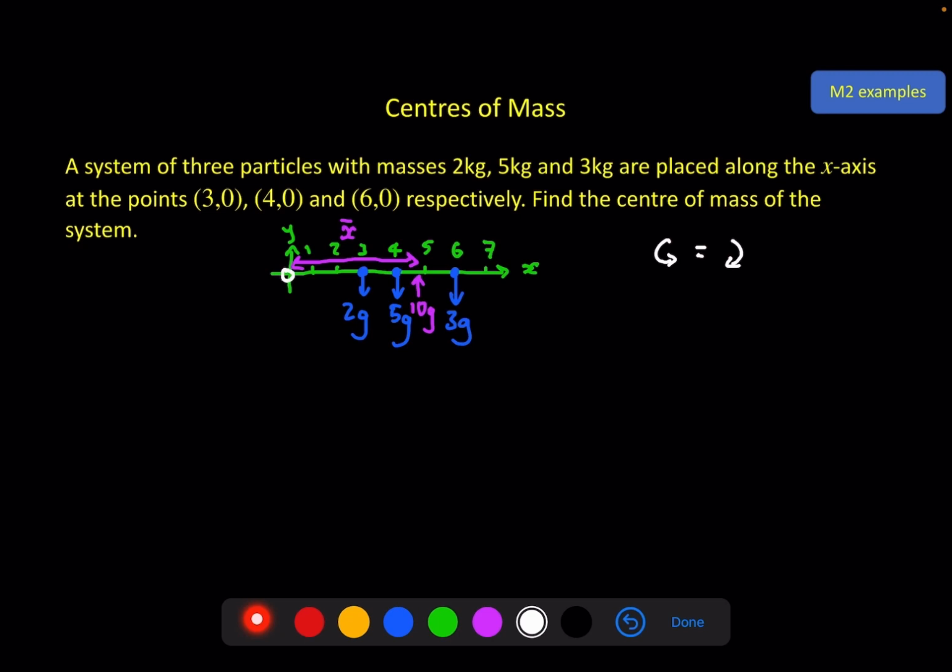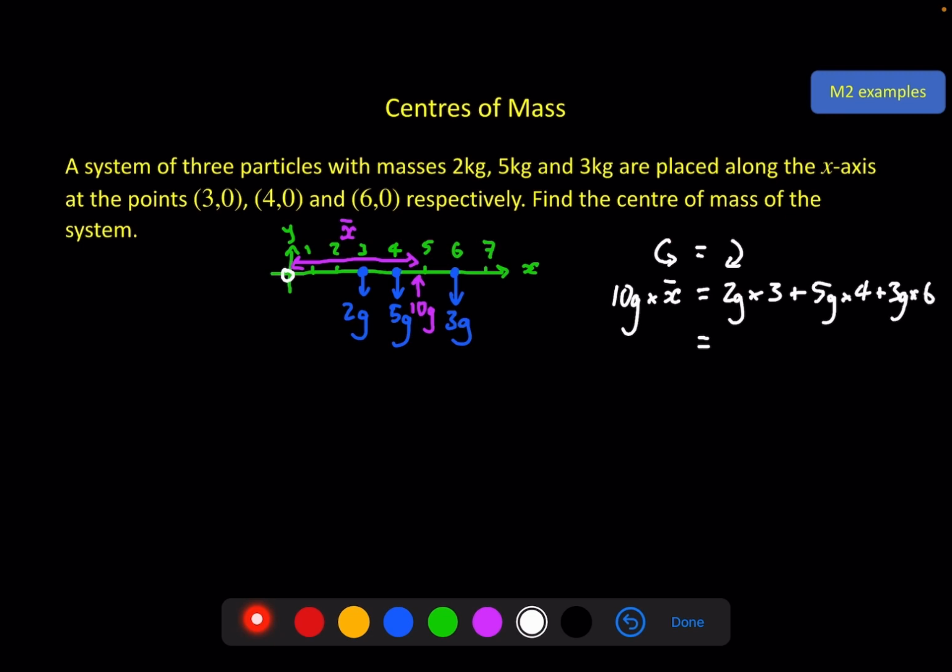So my anti-clockwise moment is the centre of mass, so that's 10g times the x-coordinate of the centre of mass, which I don't know, and that has to be the same as the combined clockwise moments of the three separate particles. So we've got 2g times 3 plus 5g, and that's at 4, plus 3g, and that is at 6 units away from the origin.